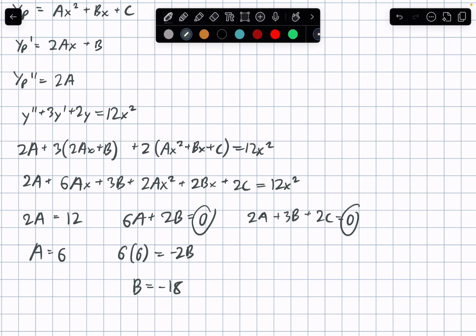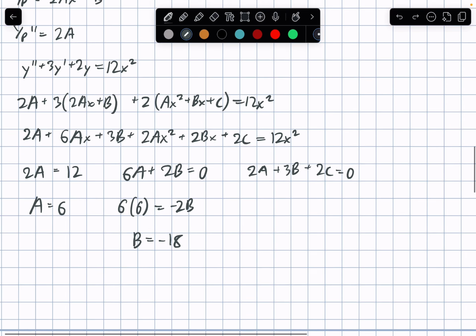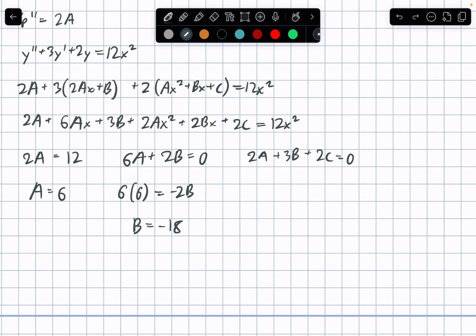So there's a pattern, no? I keep equating the right-hand side to 0 if there is no corresponding value that has the same variable, no? For example, here, these have x, no? At the right side, there's no term that has x, so we just put 0. Simple as that.